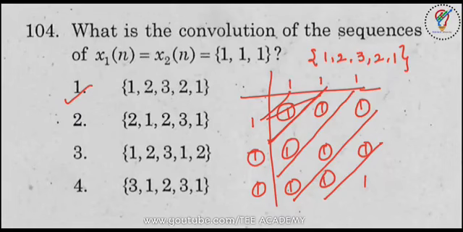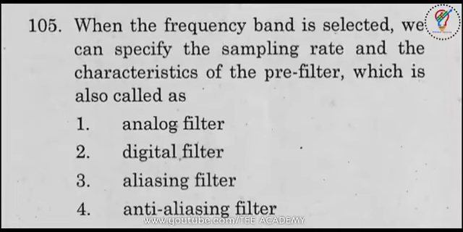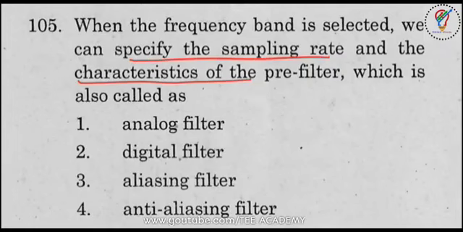Okay, next one, question number 105. When the frequency band is selected, we can specify the sampling rate and the characteristics of the pre-filter, which is called the anti-aliasing filter, known as AAF. The anti-aliasing filter is a simple low pass filter.